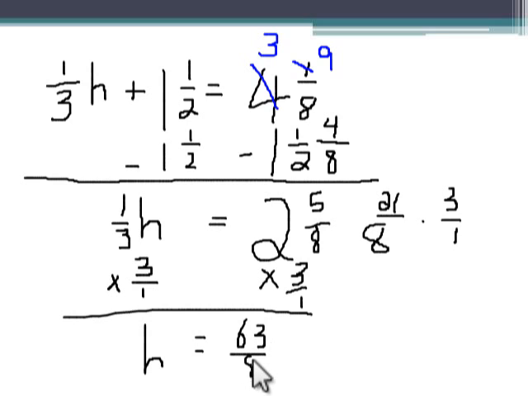Now we would need to rename. How many 8s are in 63? 7, with 7 left over. So my solution statement is that h equals 7 7/8.